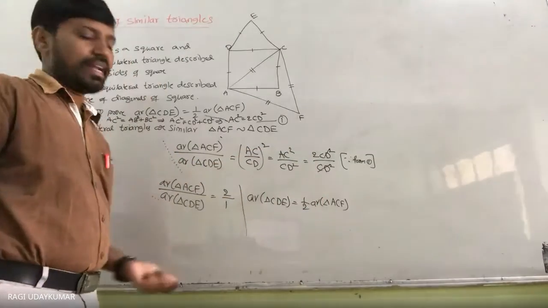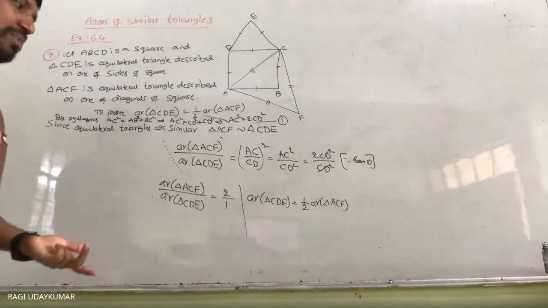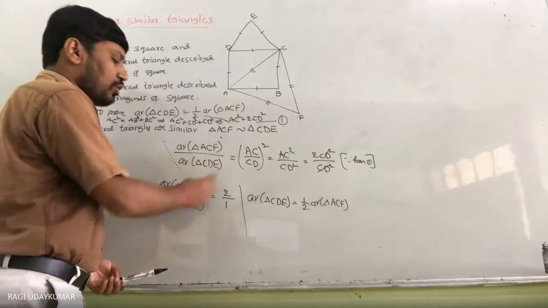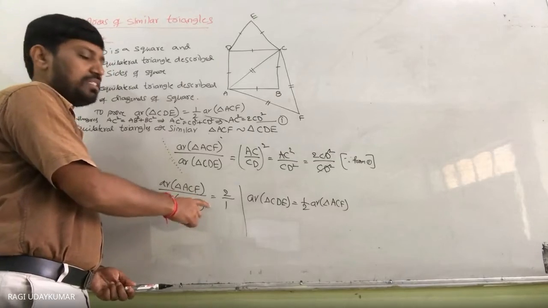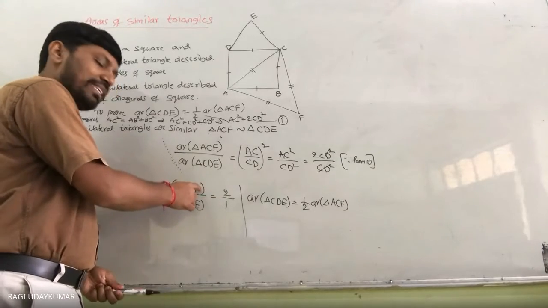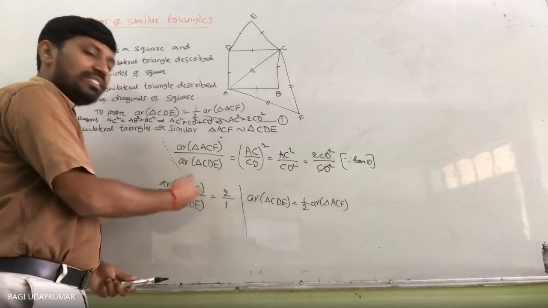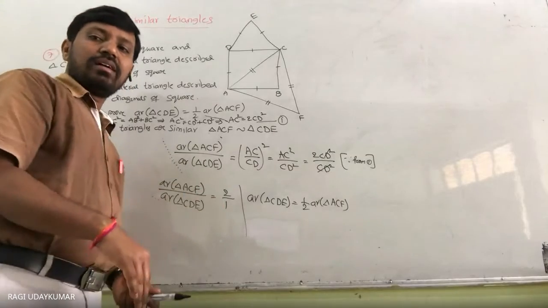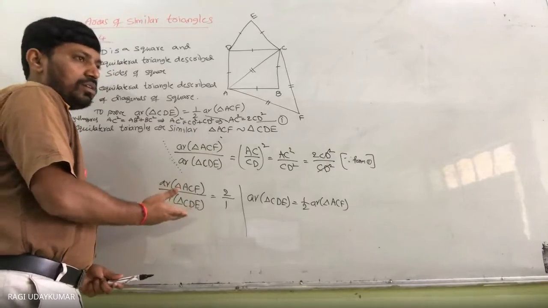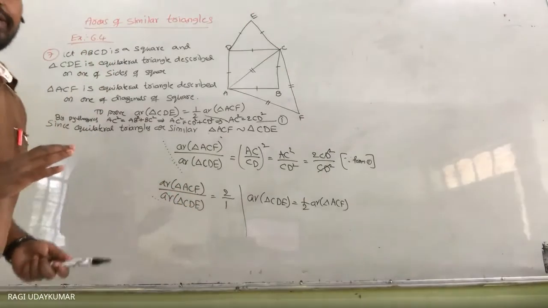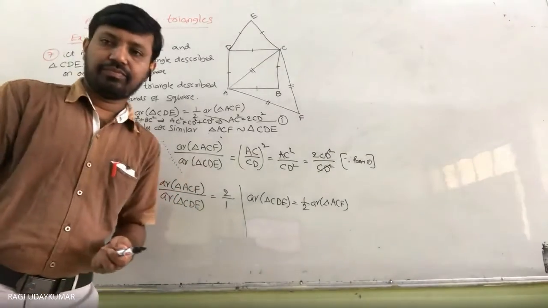So directly you can transform. Here whatever it may be, the same thing is. ये CDE को इधर ले लो, ये 2 by 1 को इधर लेके आओ, 1 by 2 हो जाएगा. Or you can say that ACF area is 2 times the CDE area. Therefore, CDE is the half of the ACF. So we have proved that the area. That question. Did you understand the solution here?